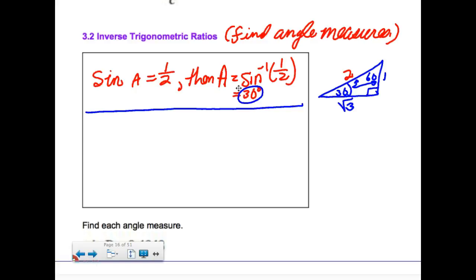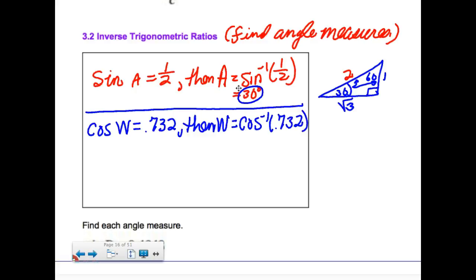So let's say this. Suppose the cosine of angle, let's say W, equals, as a decimal, 0.732. Then, can I figure out what W is? And the answer is yes. When I want the angle back, I do the inverse key. I do cosine inverse of 0.732. So I go to my calculator.